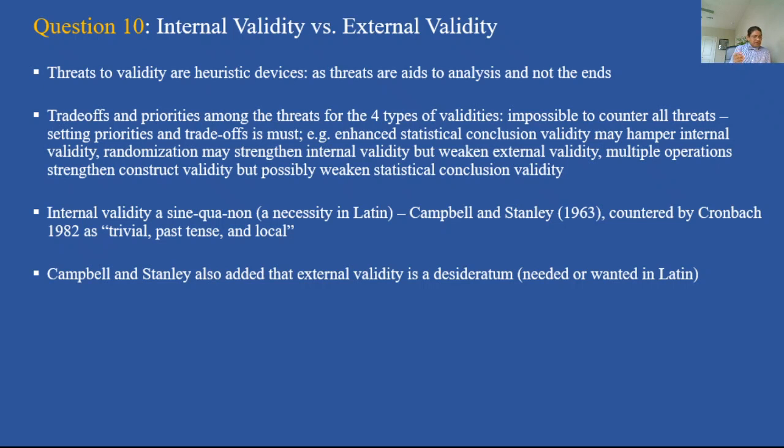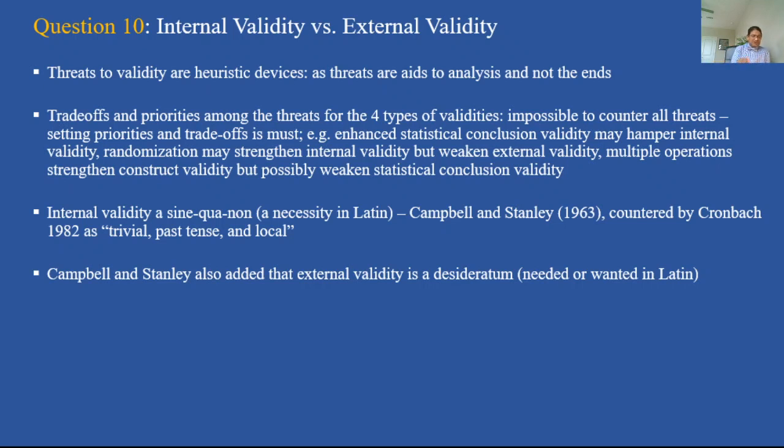So let's see how. For example, if you increase the sample size to improve statistical conclusion validity, then you have to consider that the trade-off will be reduced internal validity. Similarly, random assignment will help strengthen internal validity, but external validity may be weakened. Also, the extent of construct validity can be enhanced using multiple operations, as we've seen.